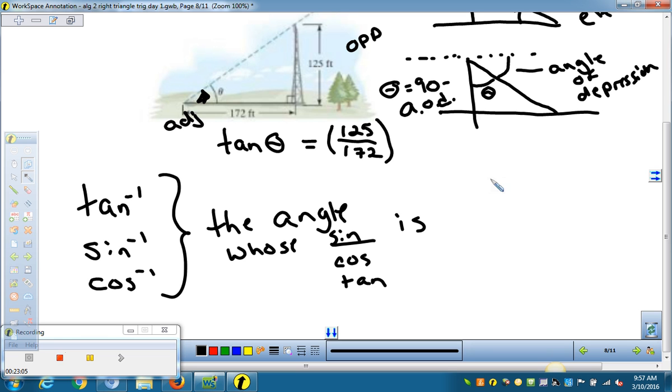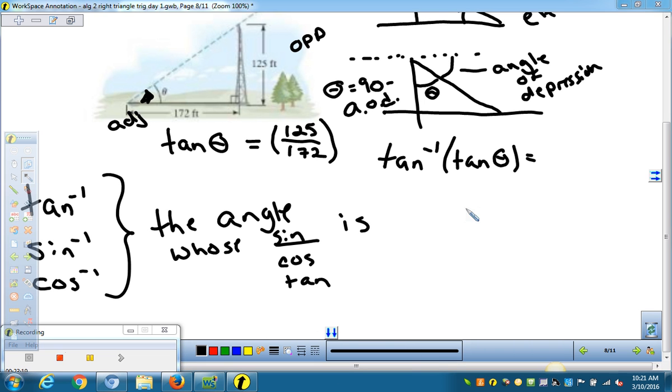Okay? So really what we're doing is we're taking the inverse tan on both sides. Just like algebra, when we do division to undo multiplication, we're doing inverse tan to undo tangent.